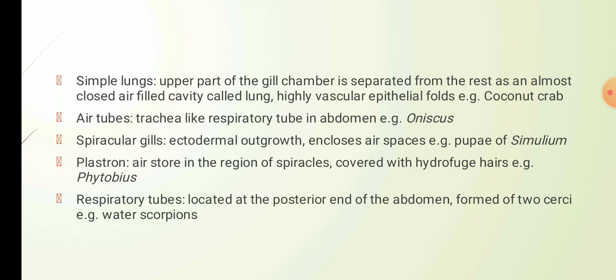When the water scorpion comes to the surface, it fills the respiratory tube with atmospheric air, and this air can be used for respiration when the scorpion is under water. This type of respiratory system is also found in the mosquito larva, where the respiratory tube is also found at the posterior end.